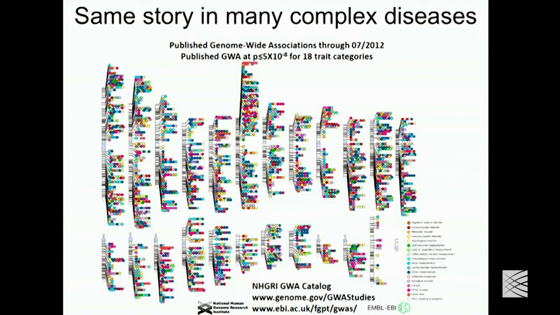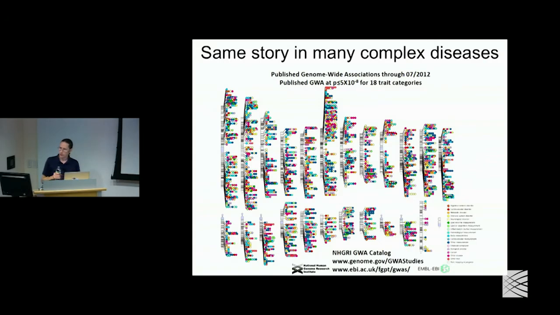So the answer is then, okay, what do we do with all this information? There's a whole bunch of statistical information. It's usually not very easy to interpret because it's a bunch of RS numbers scattered around the genome with large and exciting p-values. But most of all, we've validated this idea, which was a little bit depressing, that the genetics of complex disease is made up of hundreds and hundreds of tiny contributors, each of which contribute only a little bit of the story.